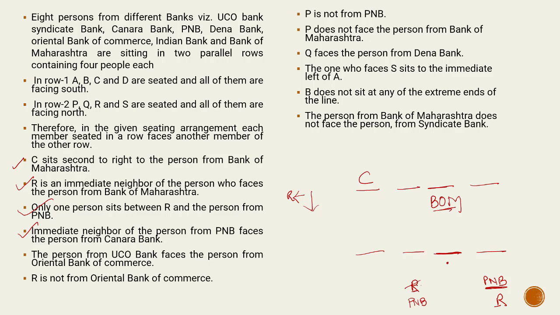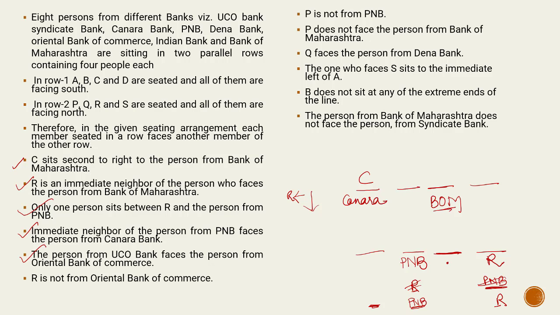That means I cannot take this possibility. If I take PNB here, the immediate neighbor can be this person also, and I don't have a bank so far allotted to C. So I go with this possibility that the person from PNB is here, this position goes to R, and C can belong to Canara Bank.